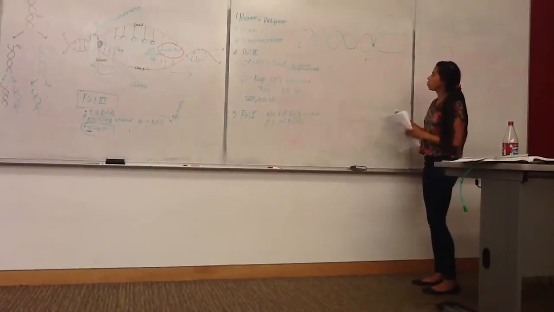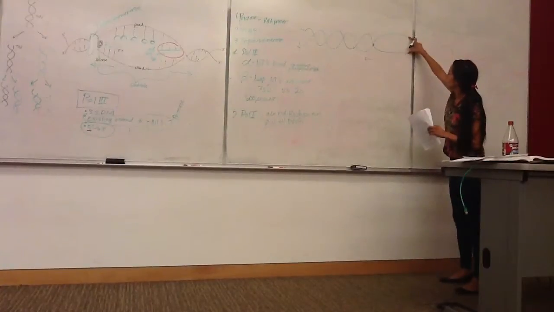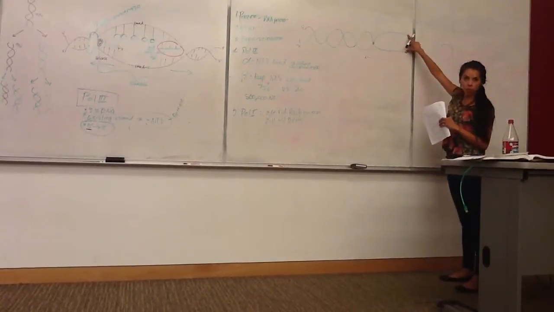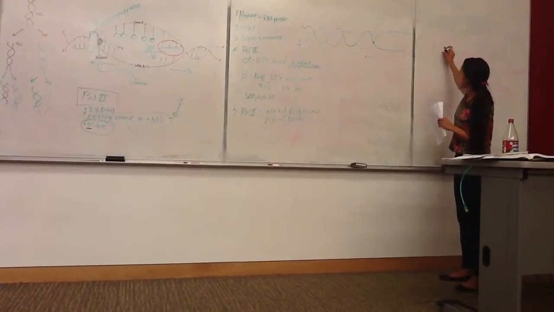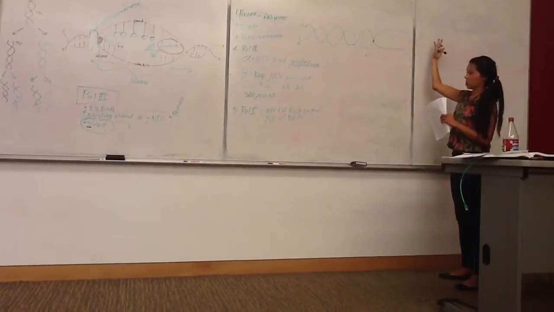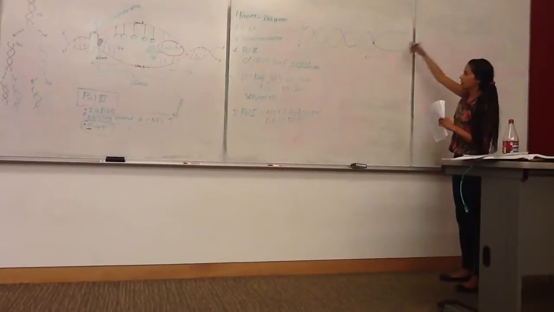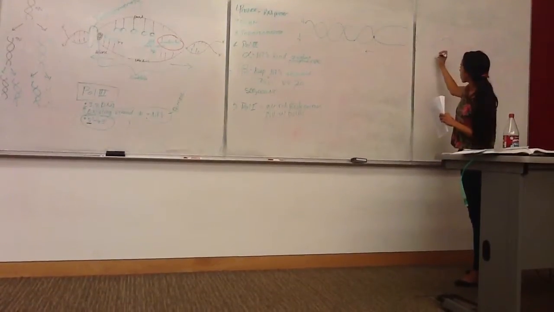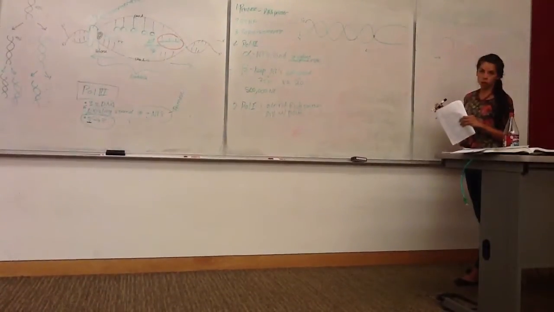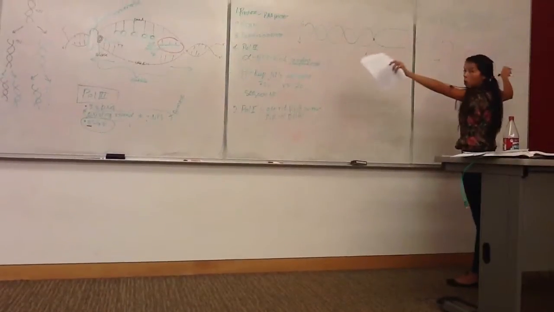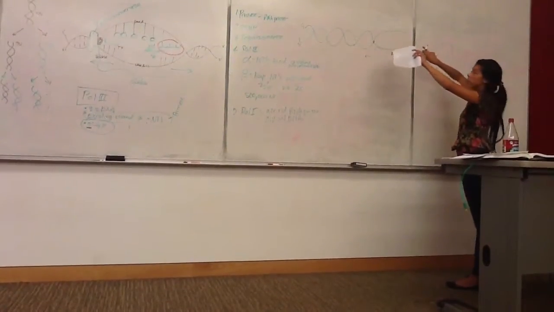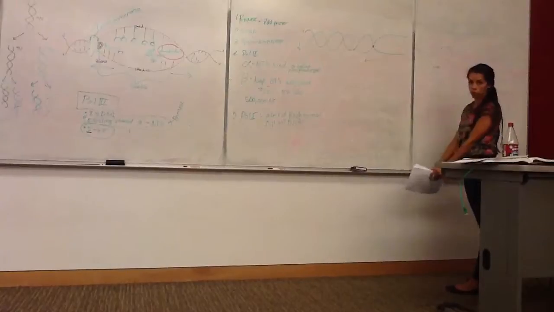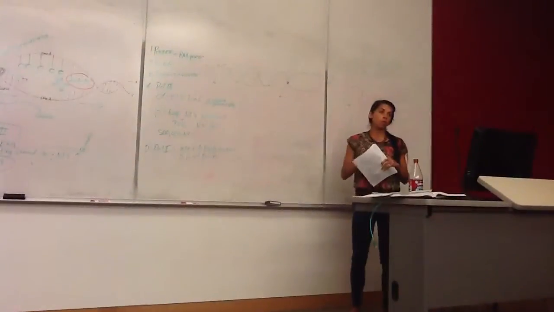And I want you to remember that this is actually only half of the bubble. And so imagine that there's a mirror here, and this exact diagram is also drawn here, and you have another fork going in that direction. And always keep that in mind with bacterial replication, that it goes in a big, huge circle in opposite directions. And if I haven't mentioned it yet, that's called bidirectionality.